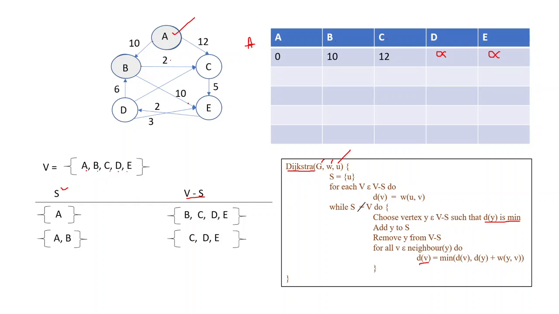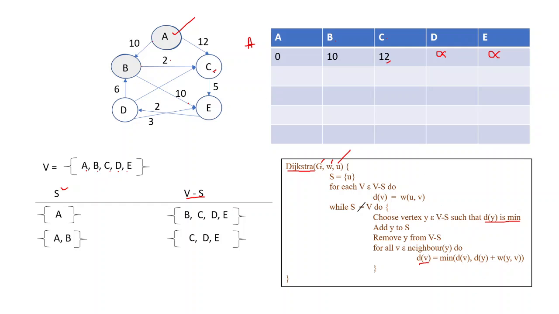Now, the first V that we consider is C. As we can see here, dV needs to be the minimum of dV, that is the distance that was already there in A's table. The distance from A to C, there was a direct path which cost 12.